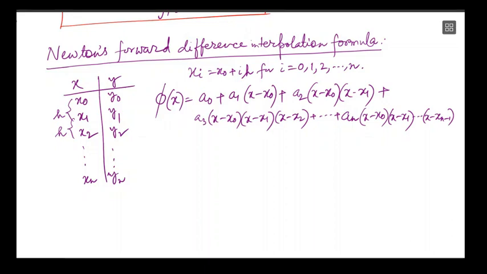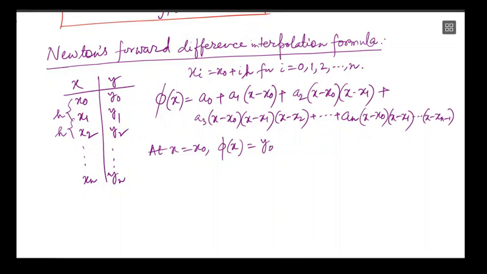Now at x equal to x0, phi(x) should match the value y0.